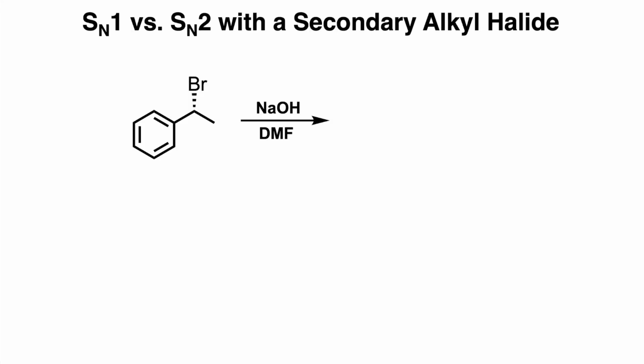Now let's do some examples if you had a secondary alkyl halide. So in the top example, you have to identify which type of nucleophile you have and what type of solvent. Here, NaOH can be rewritten as Na plus and OH minus. Since OH minus has a clear negative charge, that means it's a strong or good nucleophile.